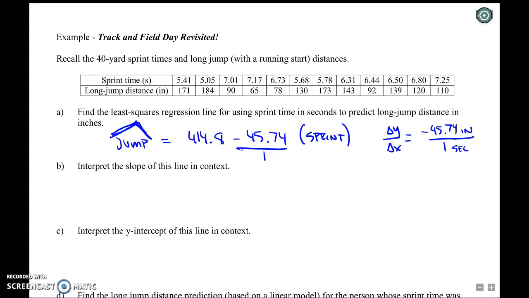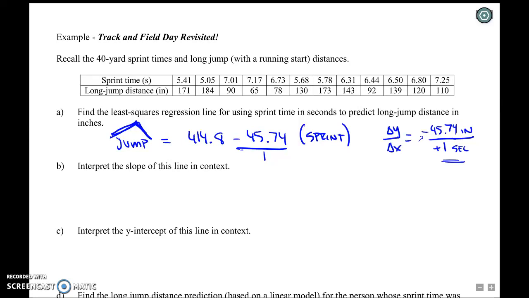So what does this mean? Negative 45 inches per 1 second. Basically, if I add 1 second to my sprint time, and by the way, if you add a second to your sprint time, that means you're running slower, your predicted jump height is going to be reduced by 45 inches.